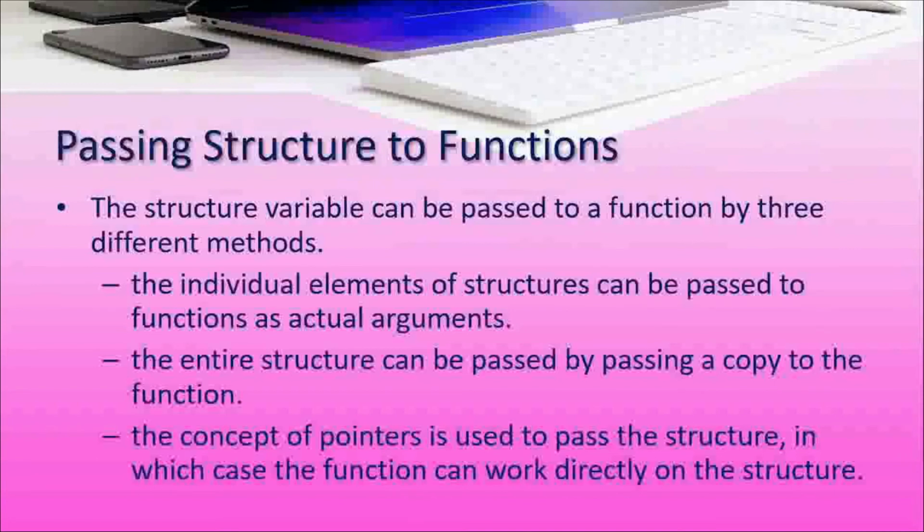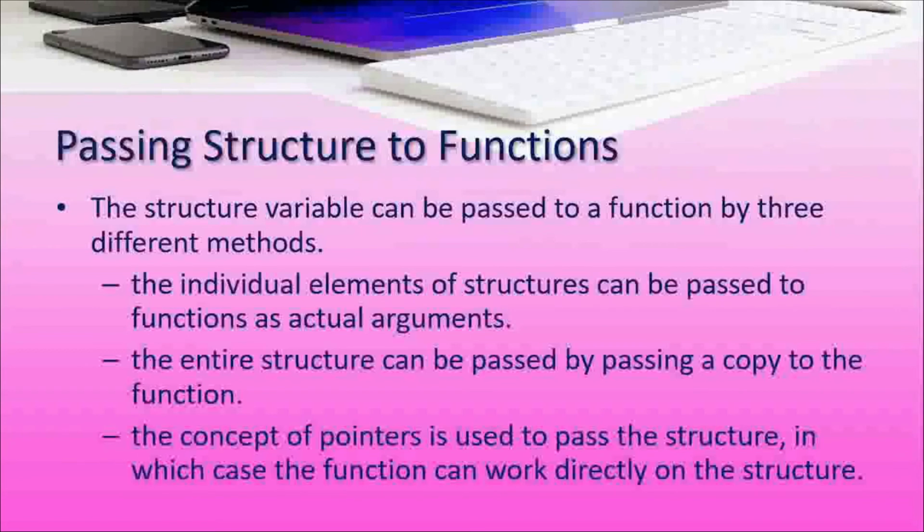That type of variable can be passed into the functions as actual arguments. That is the normal method that we use when we pass our usual variables into a function.